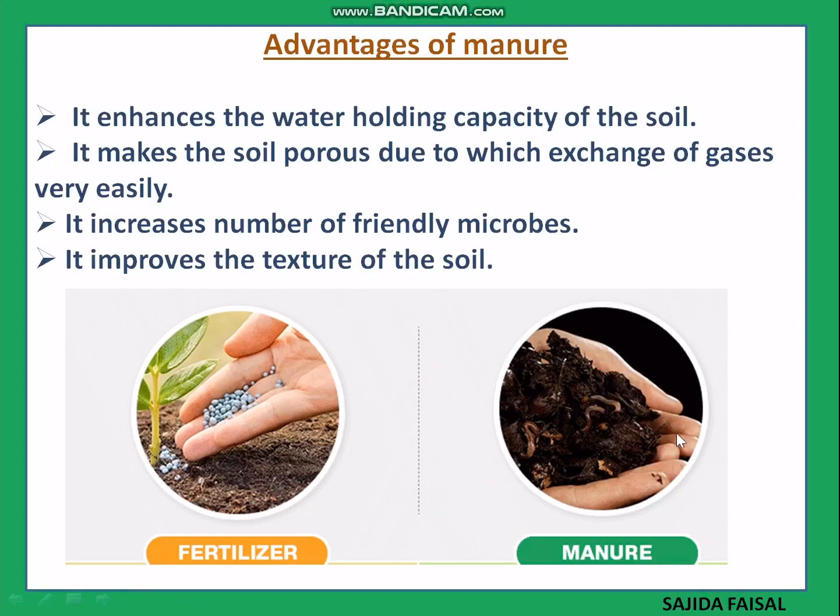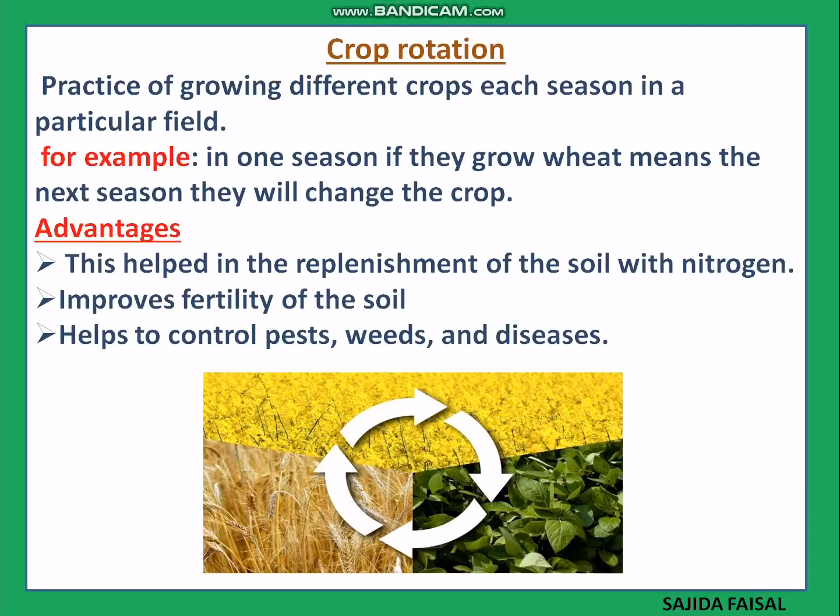Through these manure substances, exchange of gases will be very easy. Then it increases the number of friendly microbes. Microbes will be increasing. Then last one, it improves the texture of the soil. Soil texture is also improved by manure. These are the advantages of manure.